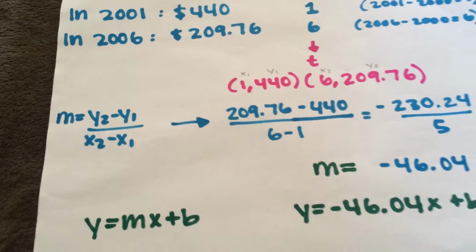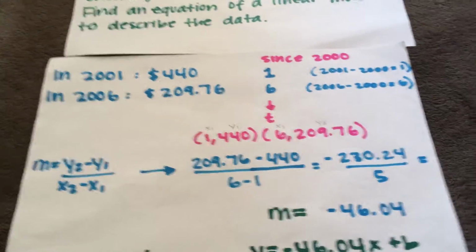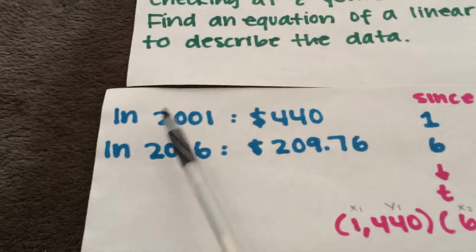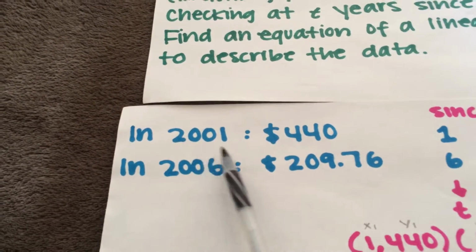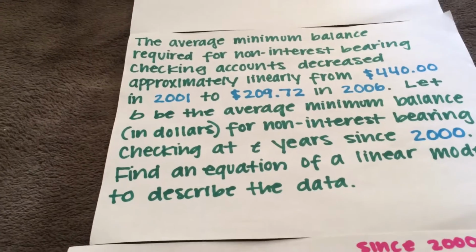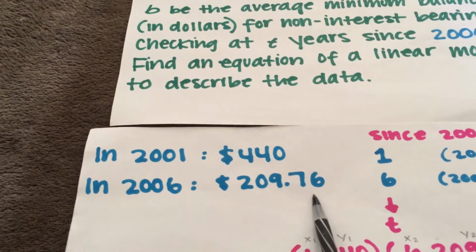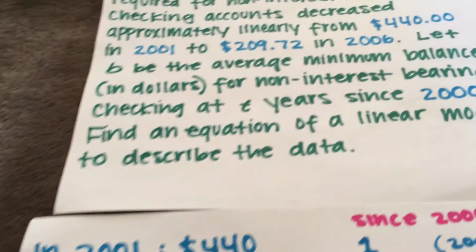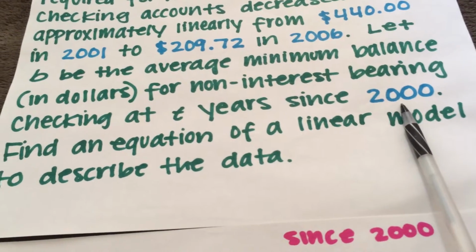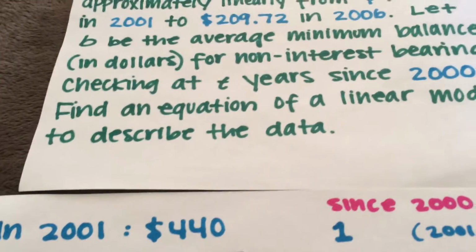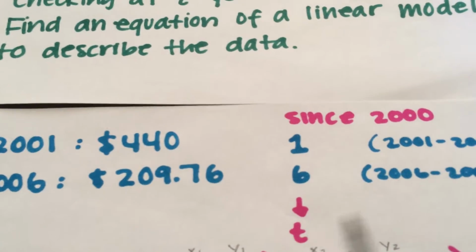Okay. So the first information that we got is in 2001 it was $440, and it decreased, and in 2006 it was $209.76. Now the equation says since the year 2000. So first we need to find the T years.